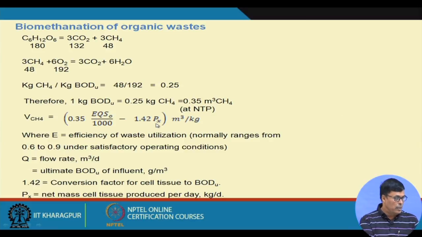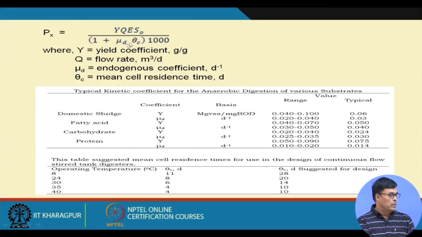We have already seen that for the oxidation of 1 gram of cell mass, you require 1.42 grams of oxygen. So if you subtract this, then you will find the exact amount of methane produced per kg of waste. This you can calculate.